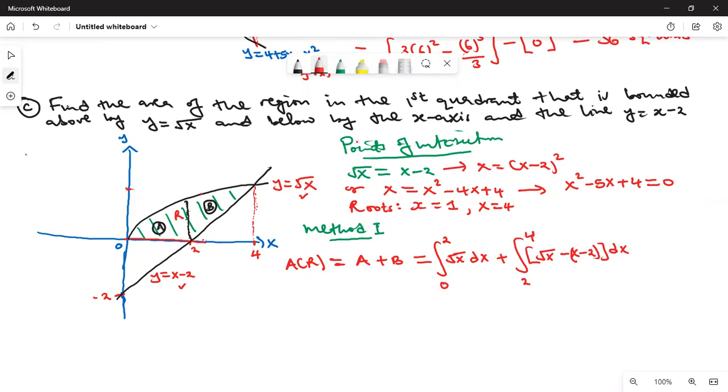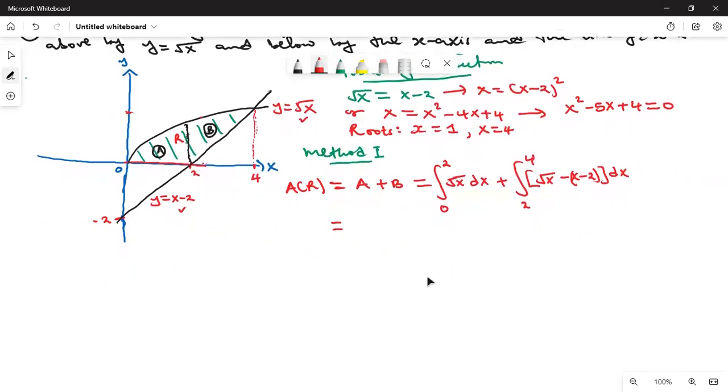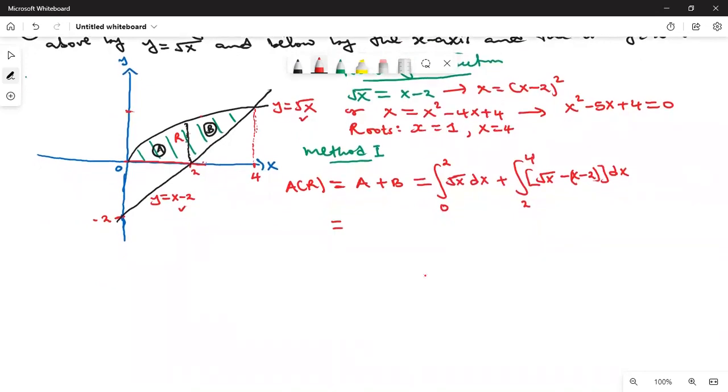And so this will give you, remember root x is the same as x raised to 1 over 2. So this is the integral from 0 to 2 of x raised to 1 over 2 dx, plus the integral from 2 to 4 of x raised to 1 over 2 minus x plus 2 dx.